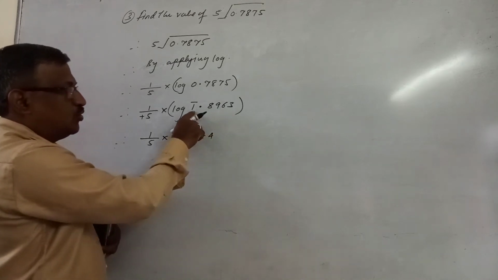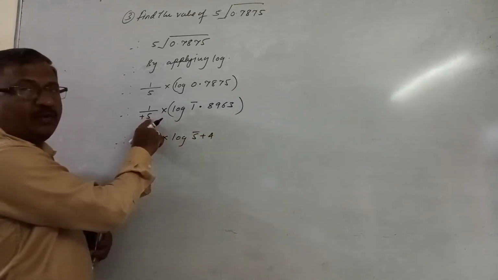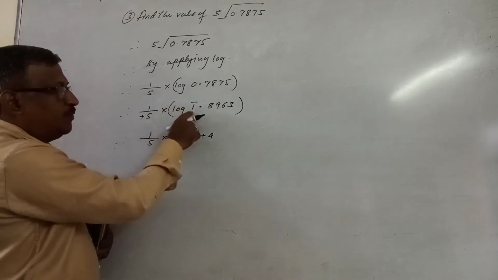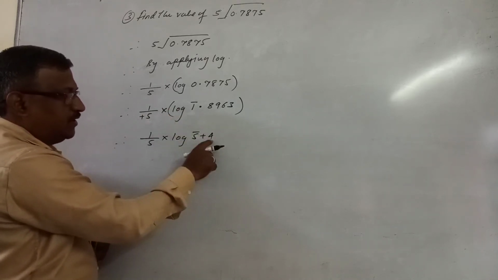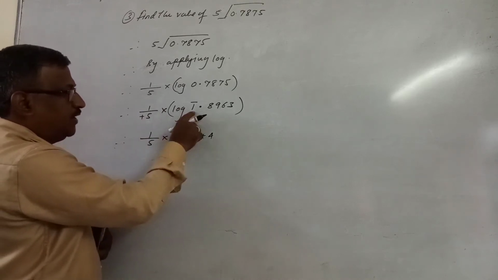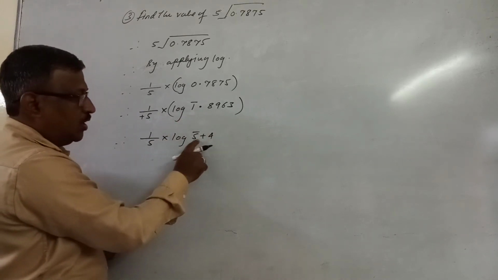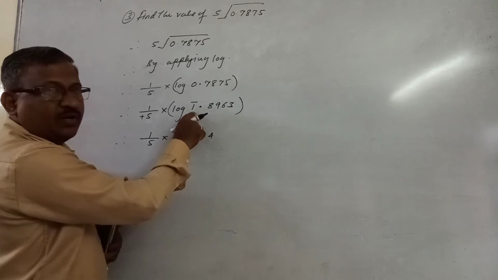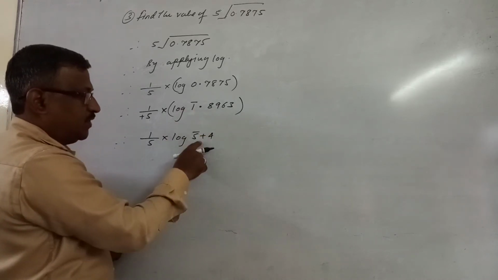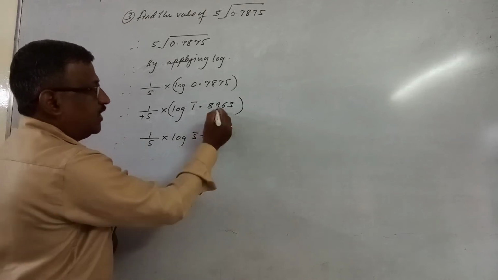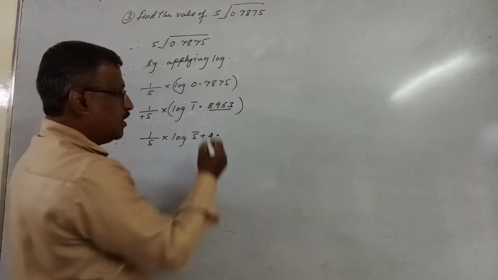In the numerical value you have to write the same divisor. What is my divisor here? 5. So in place of bar 1 you have to write bar 5, solve these values and write the result here. Plus 5 minus 1, the result comes to plus 4. If we solve these two values, we get bar 1. Minus 5 plus 4, the result is minus 1. So whatever adjustment you have done is correct. After this, write this value as it is.